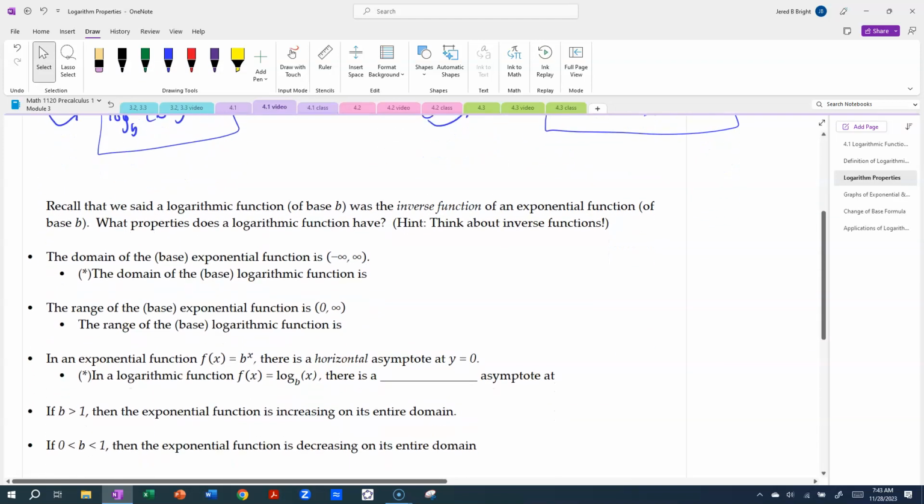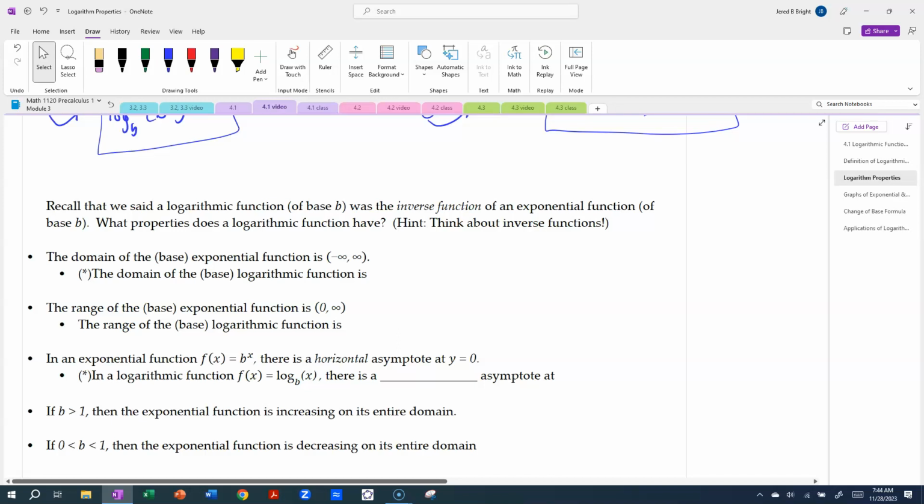Now previously we mentioned on the way to talking about logarithms that logarithms were a way to undo an exponential, a way to find the inverse function for an exponential function, because after all, an exponential function is one-to-one, it passes the horizontal line test, so it should have an inverse function. Because of the inverse property, something happens with the domain and range.